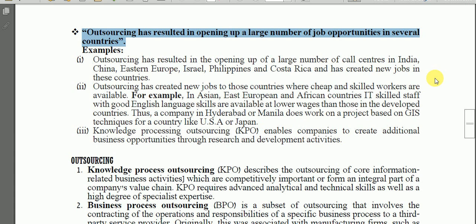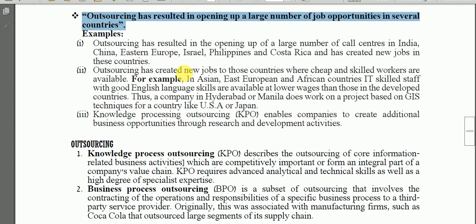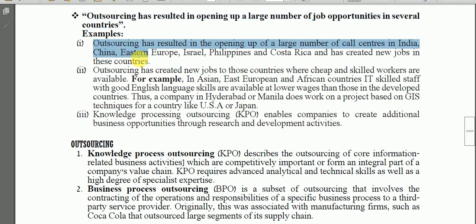So we have to support this statement with examples. These are the remarks in support of the statement. See here, outsourcing has resulted in the opening up of a large number of call centers in India, China, Eastern Europe, Israel, Philippines, and Costa Rica, and has created new jobs in these countries.